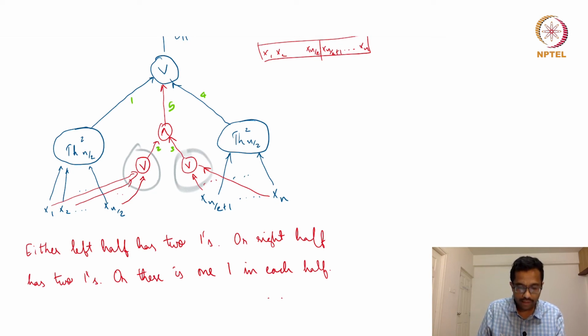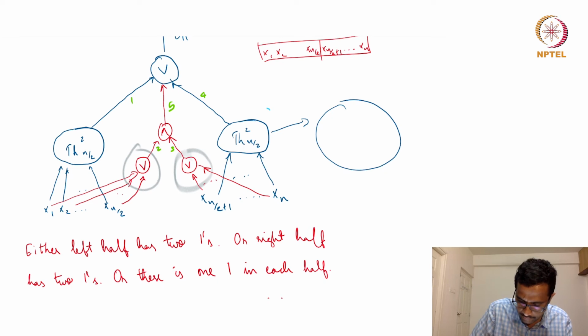So you may not have to actually implement an OR gate with n by 2 fan-in at the top level. What I'm saying is, if you expand this threshold n by 2 gate, you will again find one OR gate that takes n by 2 plus 1 to 3n by 4.